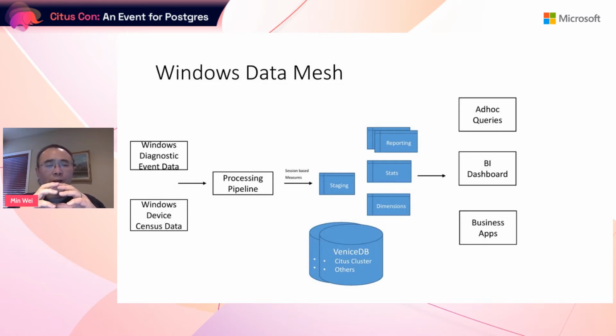It builds a set of reporting tables for consumption, for efficient query support. Besides the reporting tables, we also build stats tables and dimension tables. These are very useful for customers to trust the data, and sometimes they can do self-service data quality assessment.